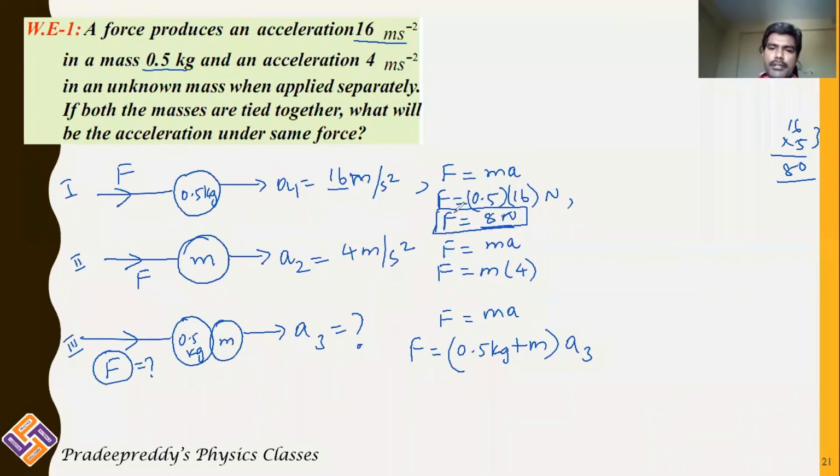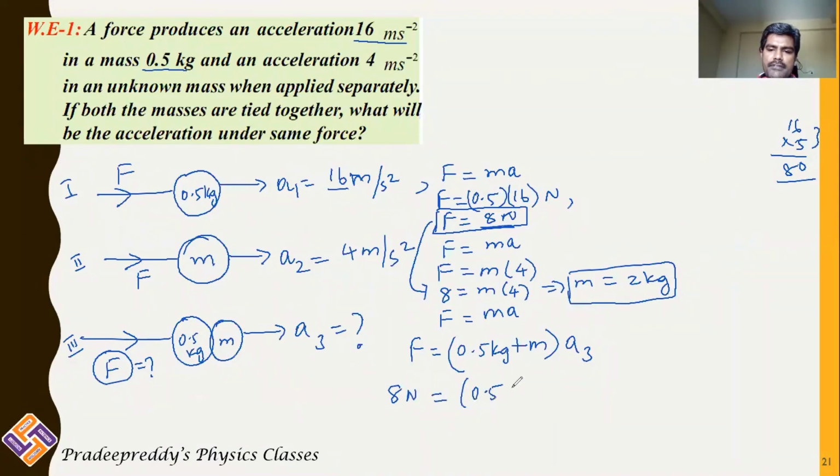So if F is 8 Newton, take this 8 Newton and substitute in the second case. So 8 will be equal to M into 4. From here, M is equal to 2 kg. So the second mass has a value of 2 kg. F we have got, it is 8 Newton. M we have got, it is 2 kg. Now substitute all these in the third case. So F is equal to 8 Newton, which is equal to 0.5 kg plus 2 kg into A3.